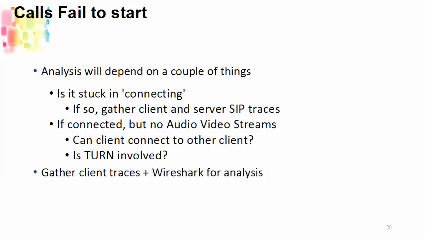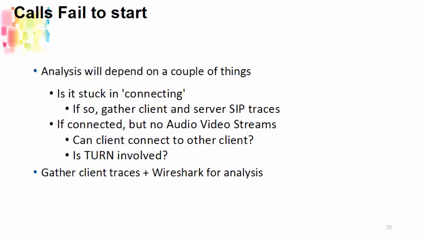Anyway, so if a call fails to start, the analysis will depend upon a couple of things. Is it stuck in connecting? If so, we'll need to gather client and server SIP traces. If it's connected but there are no audio-video streams, can the client connect to the other client? In a one-on-one call, without TURN involved, the UDP streams go from client A to client B directly.